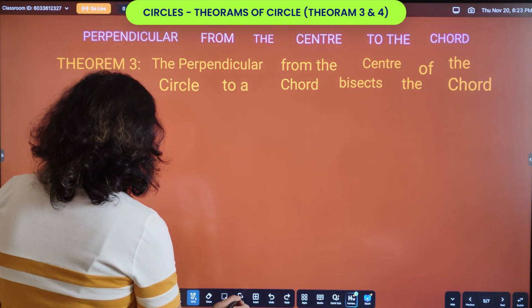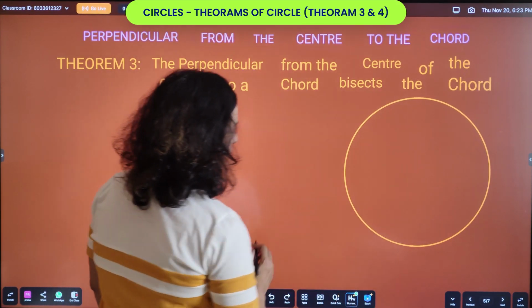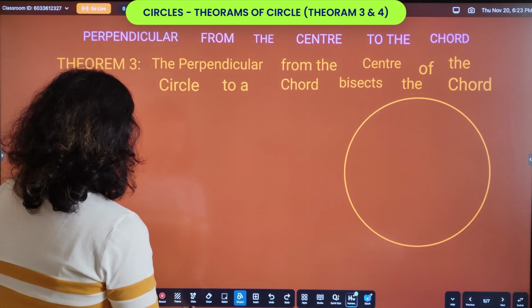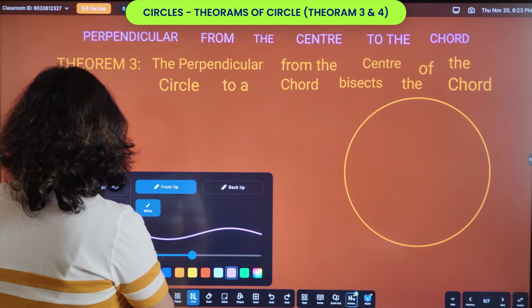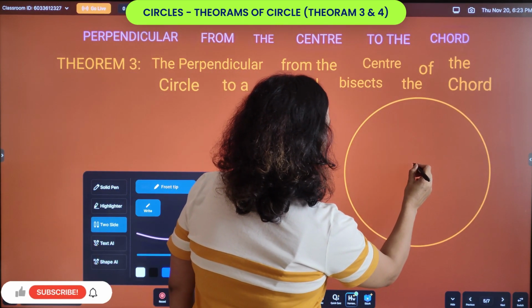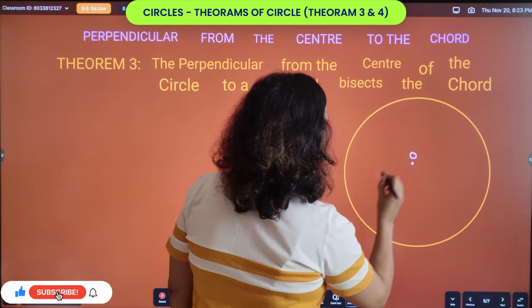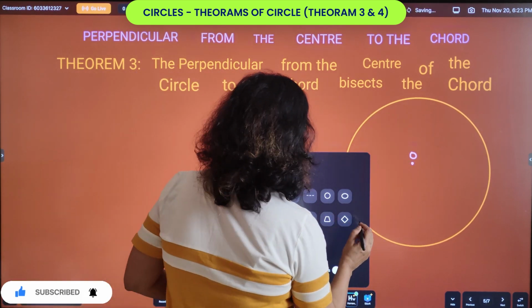So let me draw a circle first. Suppose this is the center O, and this is a chord.